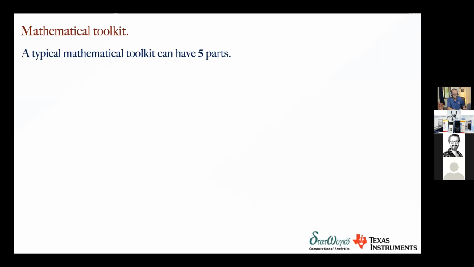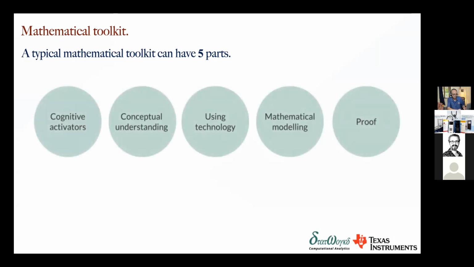To prepare our students for that, there is something called the mathematical toolkit. During the teaching and learning process, we are supposed to use cognitive activators, conceptual understanding, technology, mathematical modeling, and proofs in mathematics. So what are cognitive activators?